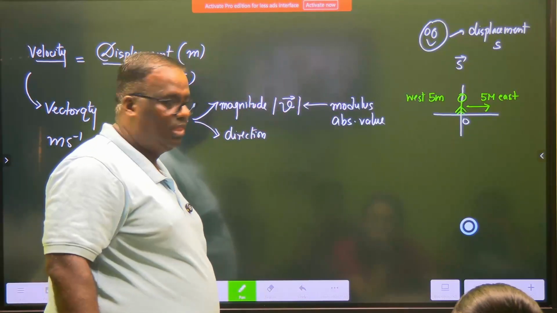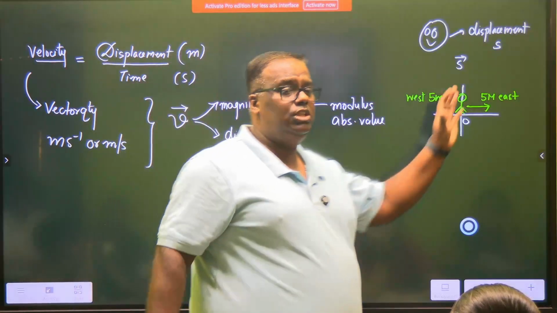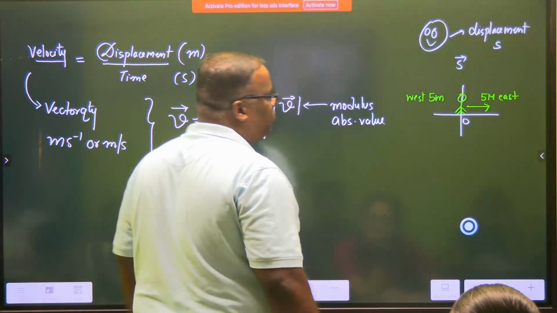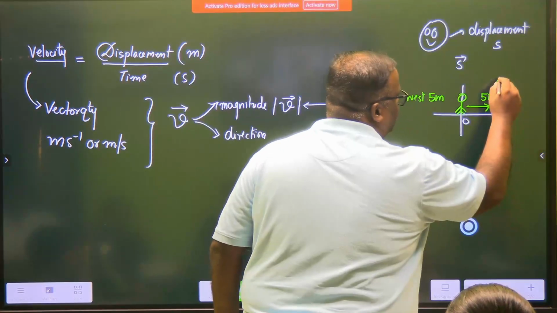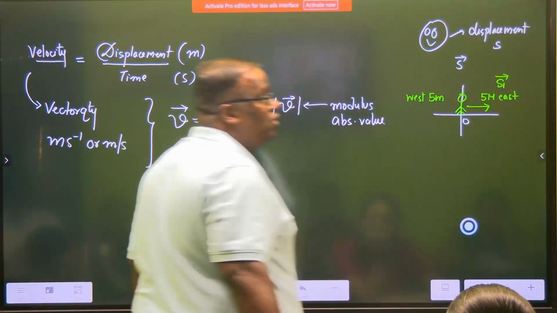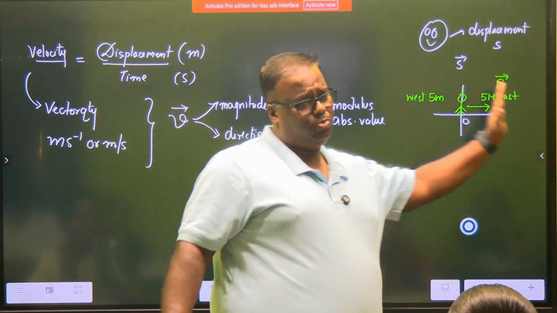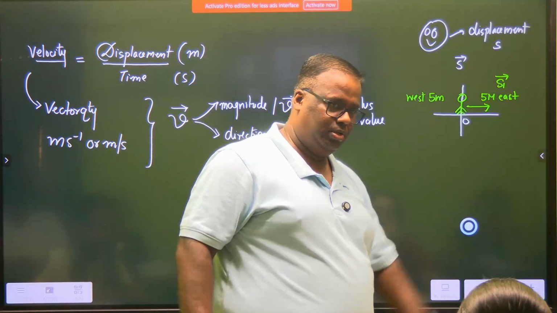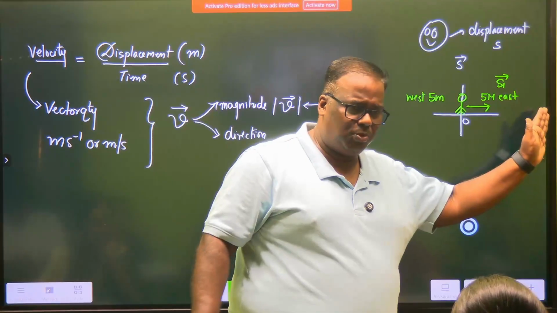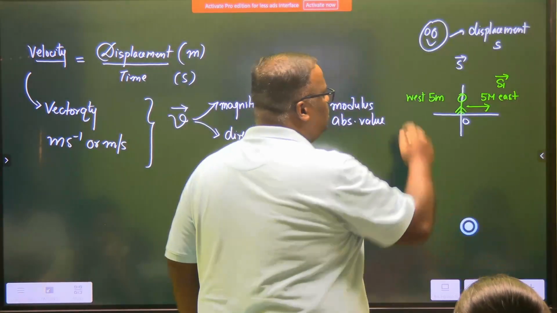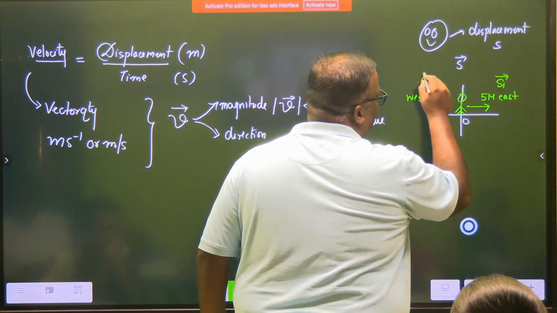Understood? I am denoting two different notations for them. Let this be denoted by an S1 vector, because this is displacement to the east. Understood? And tradition says anything on the right side is taken as positive. So I am denoting this one as S2 vector.